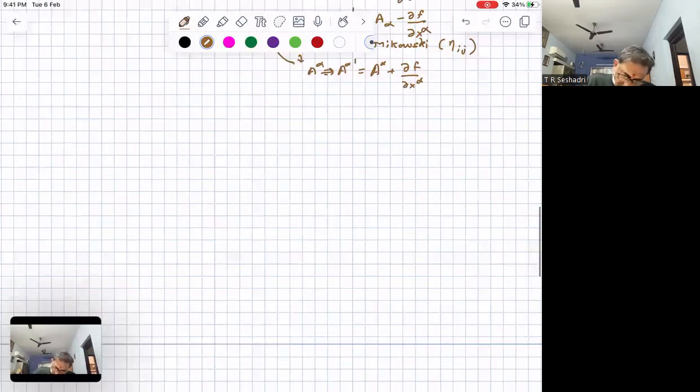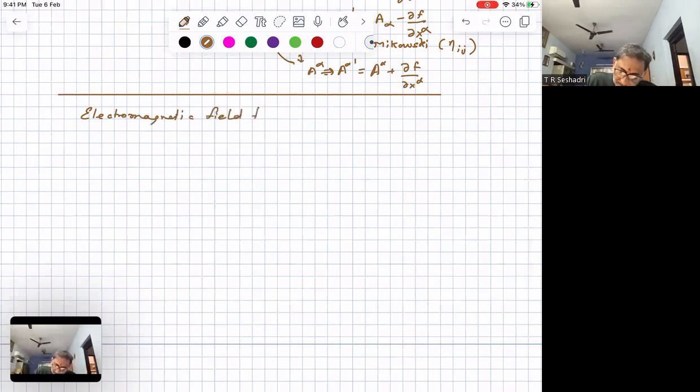Now, I can define an electromagnetic field tensor Fij as del by del xj of ai minus del by del xi of aj, which I can write as ai comma j minus aj comma i.